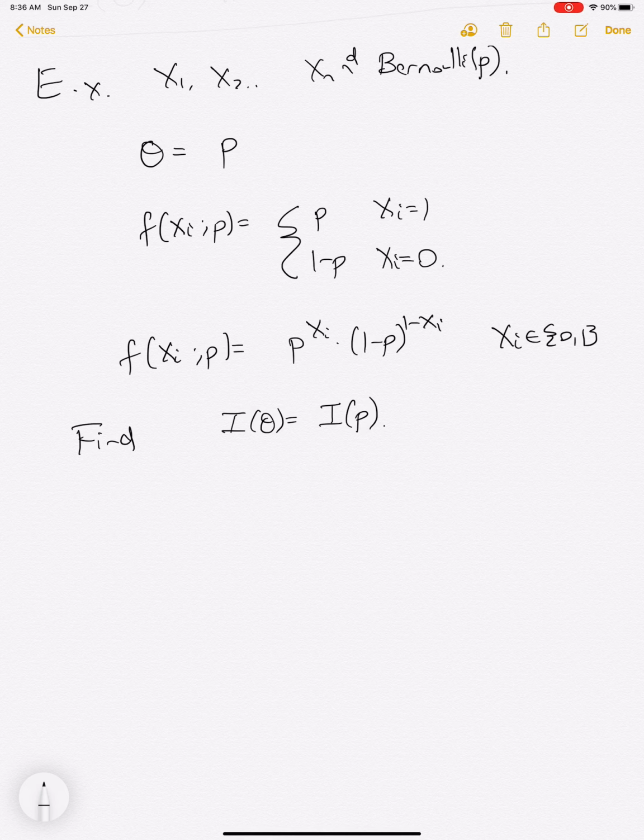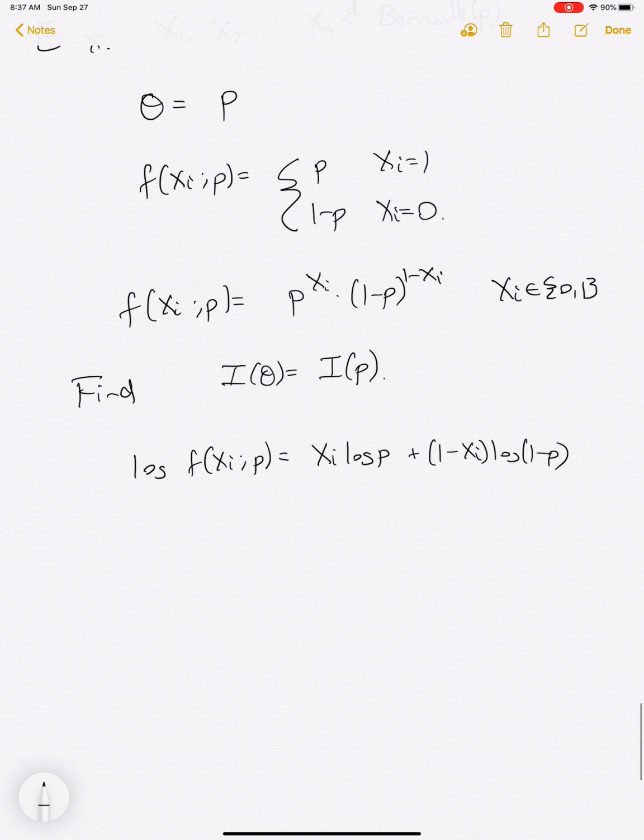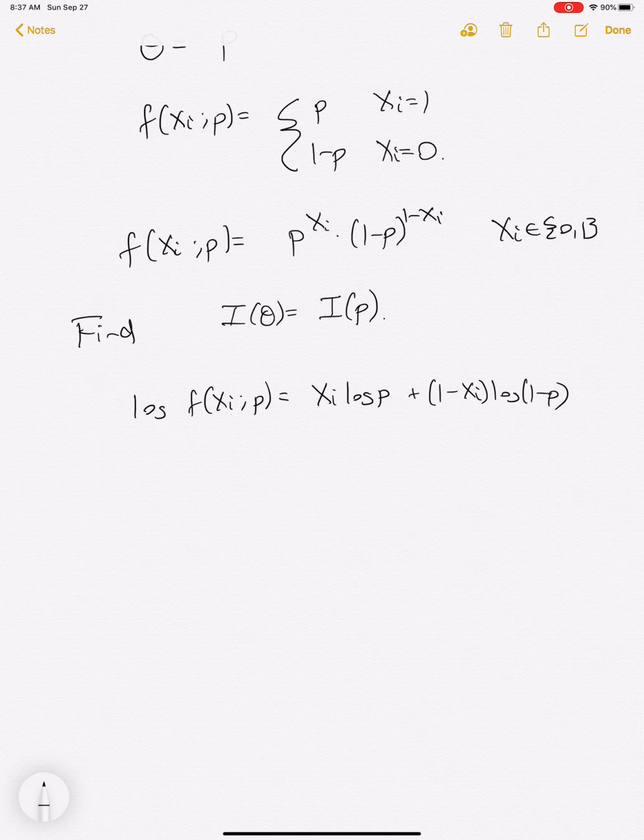The first thing we do is take logs. So we get xi log p plus (1 minus xi) log of (1 minus p). Now we can start taking derivatives.